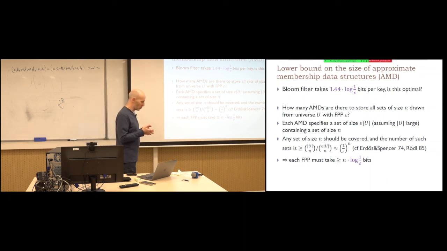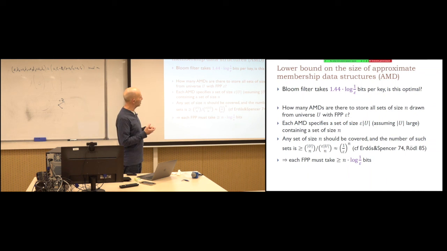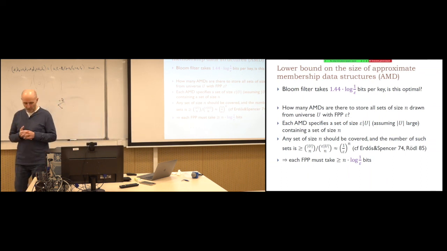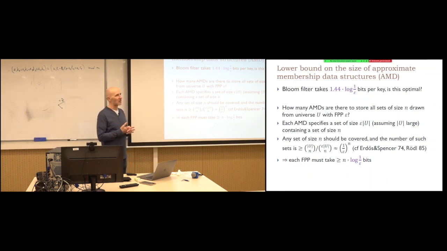When we want to represent objects from a set of some cardinality, we need at least a number of bits equal to the binary logarithm of the cardinality, right? Is this clear?